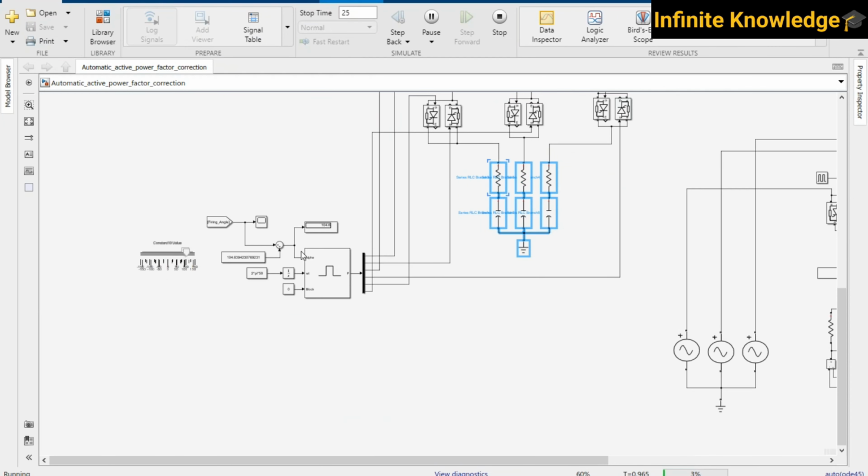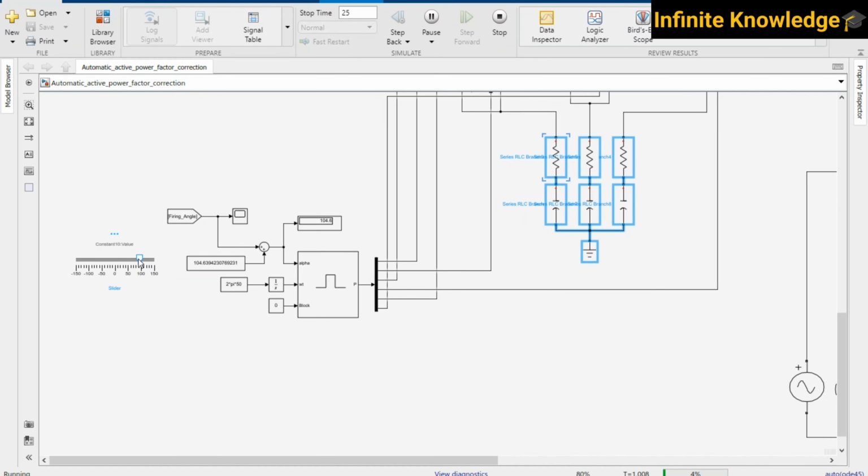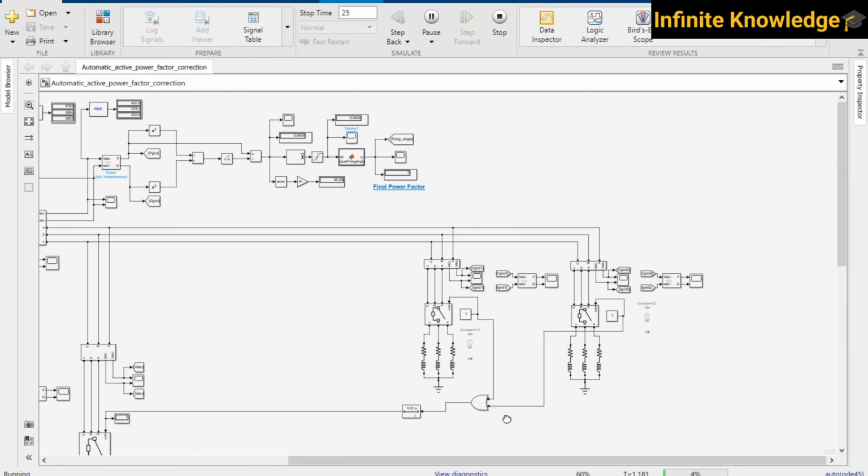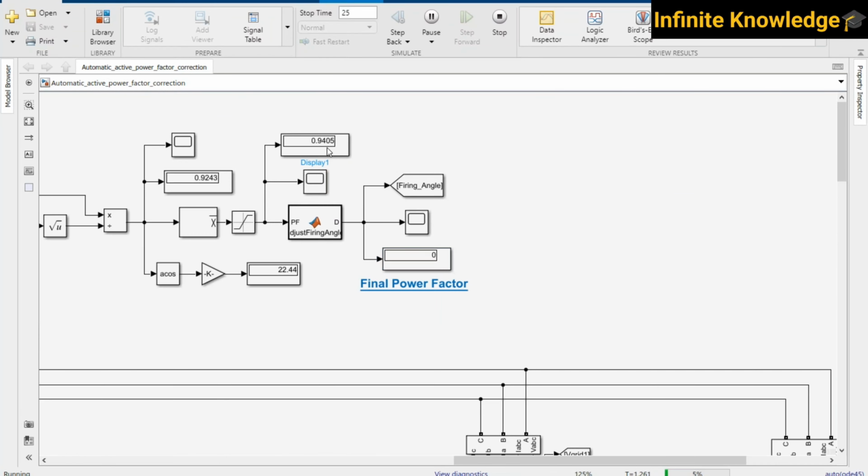So I just reduce the angle to minimal, like 3 degrees or nearly zero. Initially your power factor was 0.59, it has increased to 0.94, which is actually required. So this is how the firing angle affects your power factor.